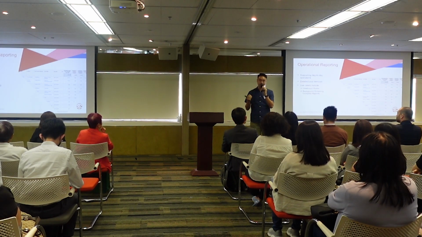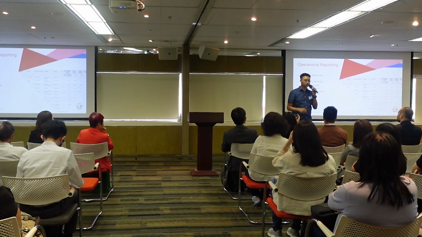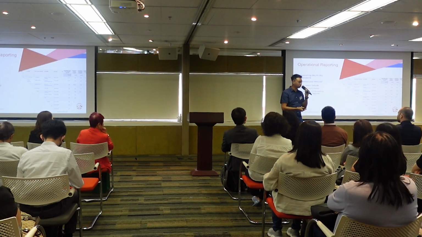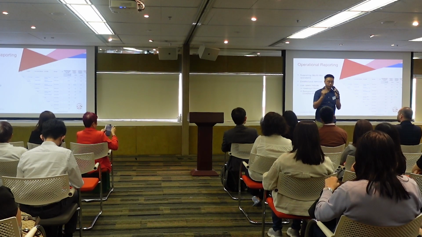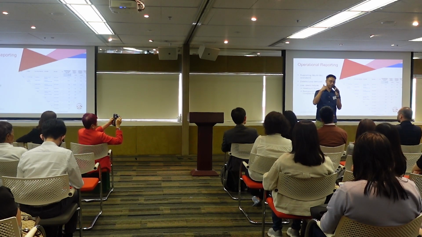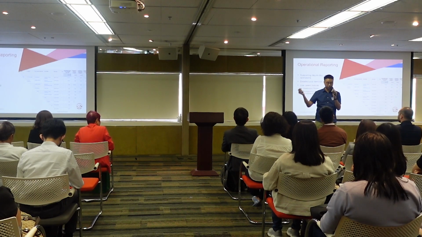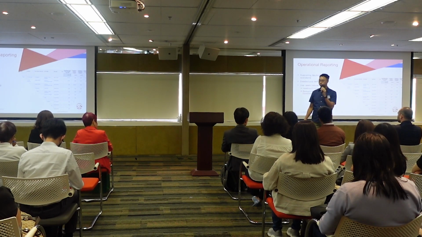It is relatively easy to generate, and some examples of its use are a headcount roster, exception reports, and anything that you need to take immediate action on. Let's say in AIA we have background screening exception reports. Whenever we hire someone, we need to do some background screening by an external party, and if a red report comes in, our HR will need to follow up to see if we need to do something about it.